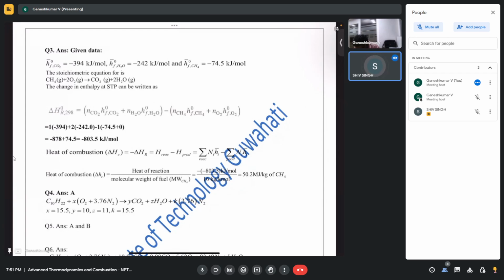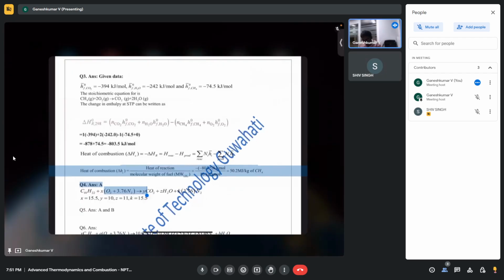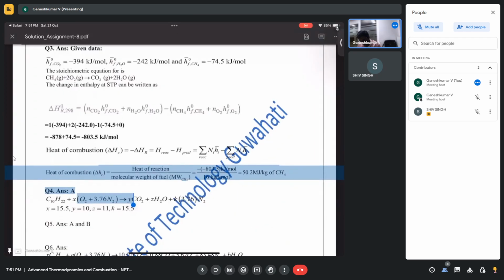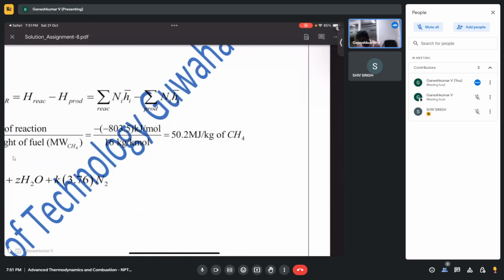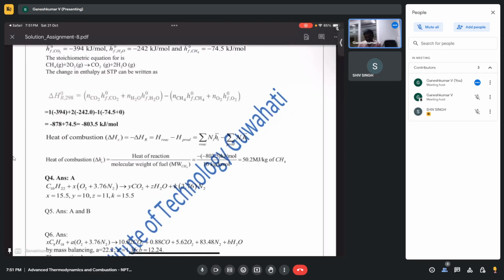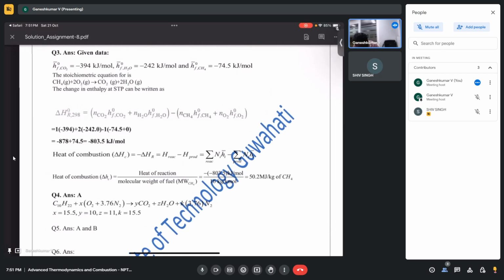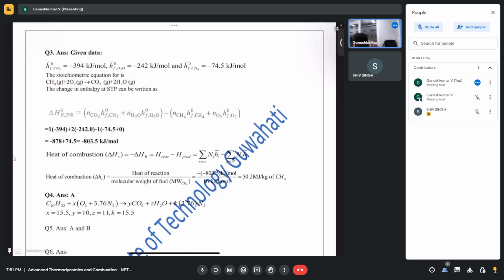That is right, but why are we taking a negative sign before the heat of reaction? Right. So as I said, the heat of reaction will be negative, but heat of combustion is the negative of heat of reaction. Let me put this in a way. Until here you are clear, right? So this says 803.5.